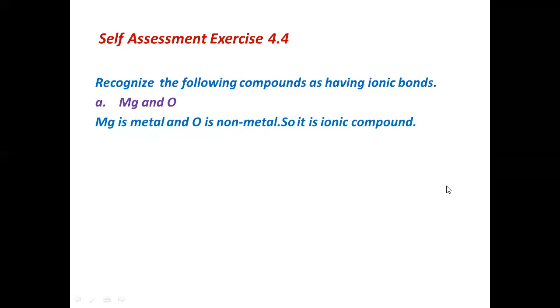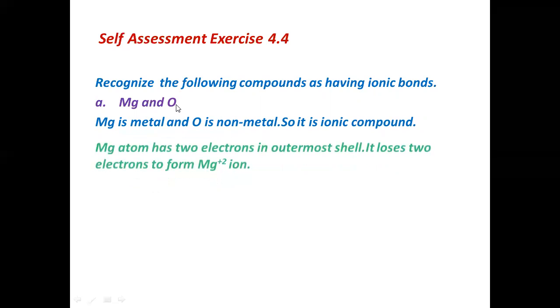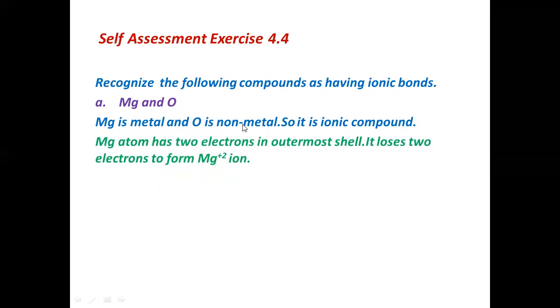Self-assessment exercise 4.4, recognize the following compounds as having ionic bond. First case is magnesium and oxygen. So magnesium is metal and oxygen is non-metal. So it is an ionic compound because, I told you, when a molecule is formed from metal and non-metal, it is called ionic bond.